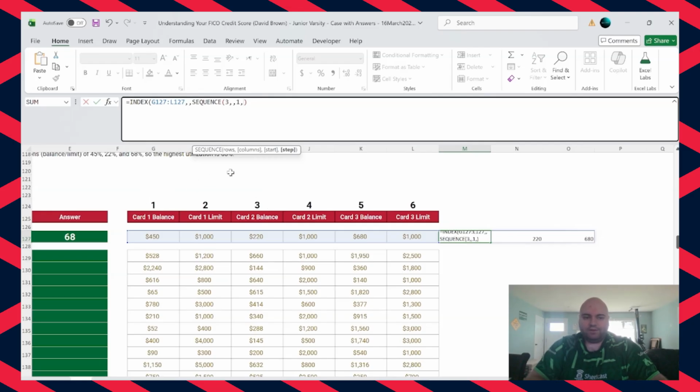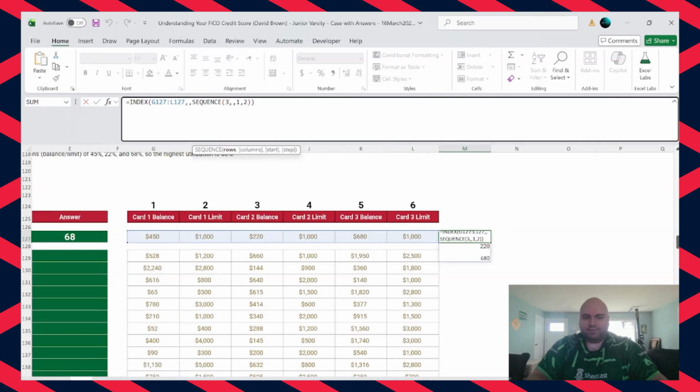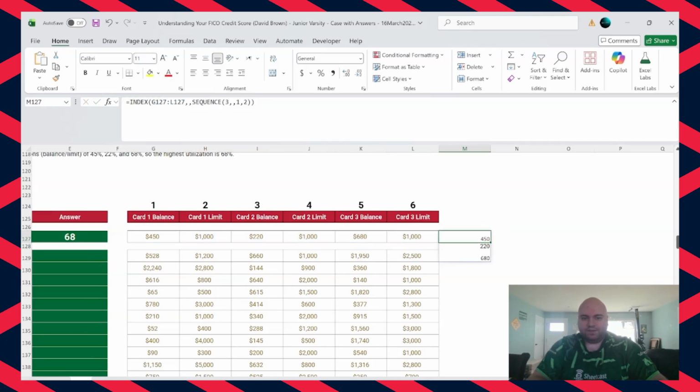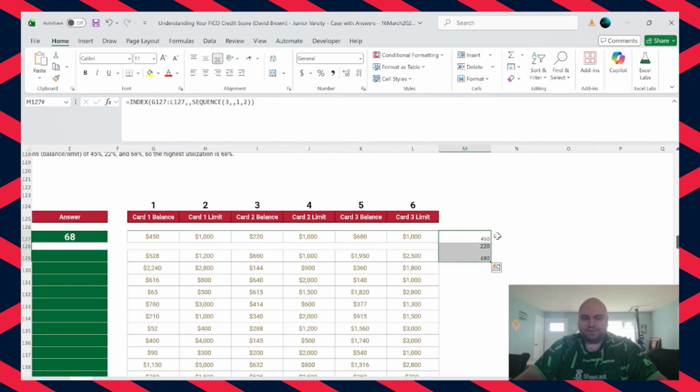Well, I want to increment by 2 because we want 1, 3, and 5. And if I add parentheses, because I put my number right here in the rows, it's going to give me 3 rows here, which is actually quite convenient. So that generates all of the balances.